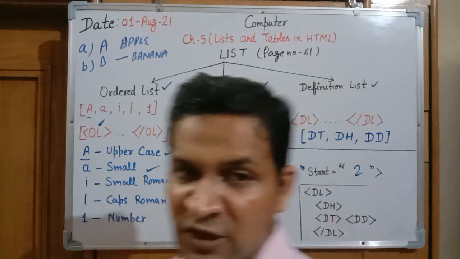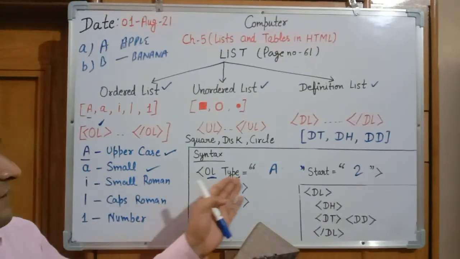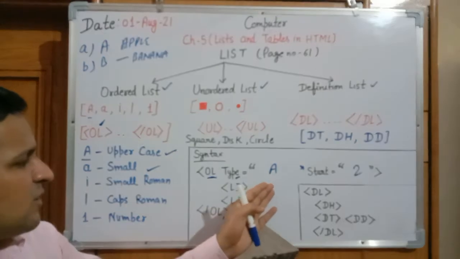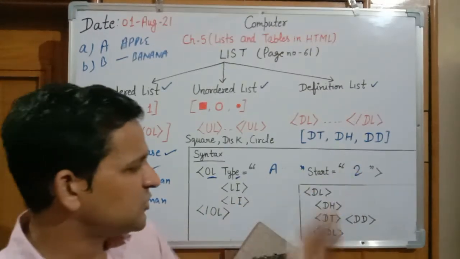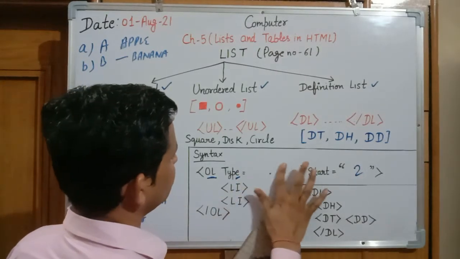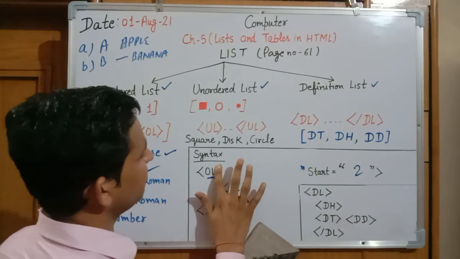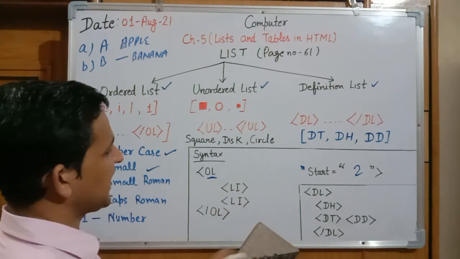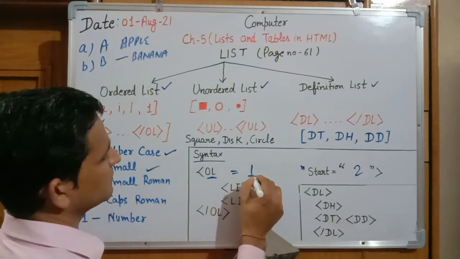So the syntax of an ordered list is OL, type of item, whether small letter, capital letter, Roman or number value, and starting position. Suppose I am not giving any type. In that case, by default the type will be number.